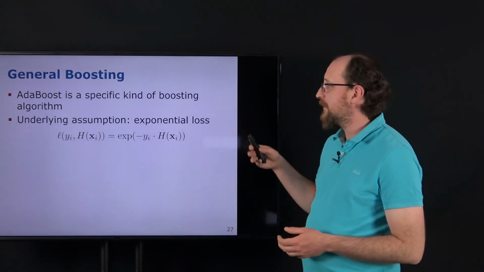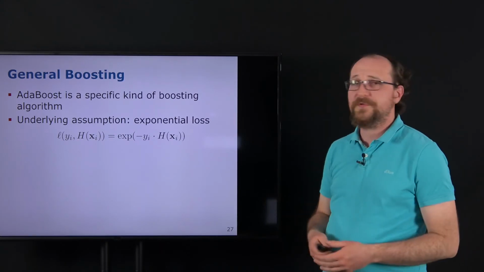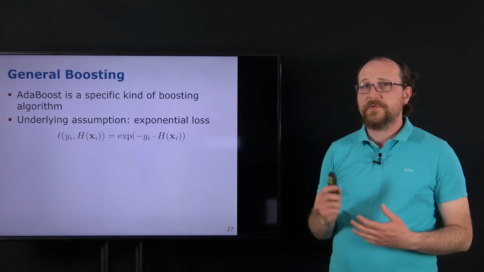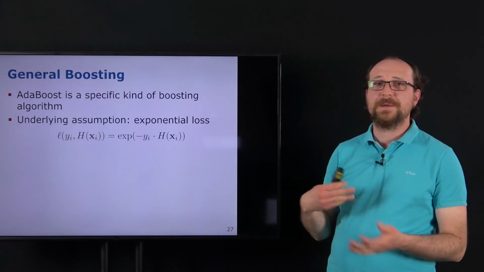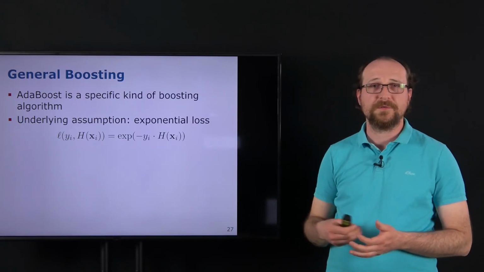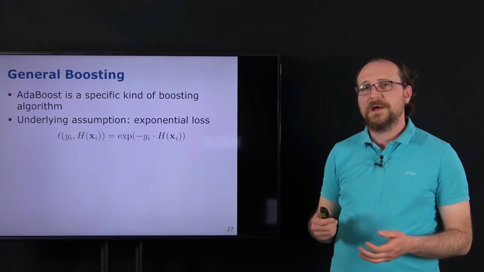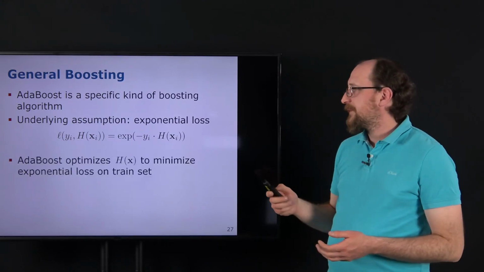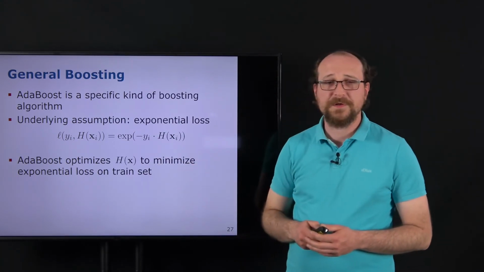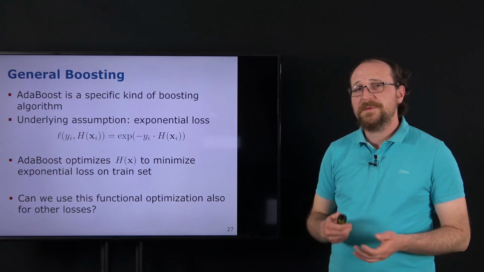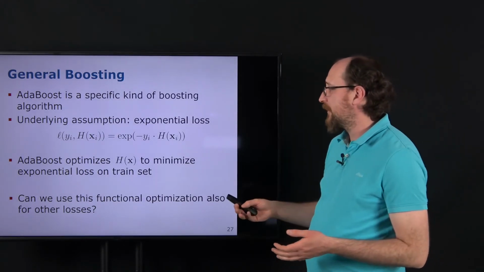So depending on the loss, we can now derive very different boosting algorithms. There were also some works that investigated what happens if we are using just the logistic regression rule for the weak learning and so on. So that means AdaBoost optimizes, for example, to minimize the exponential loss on the training data in the end. But can we maybe also use the functional optimization that we have?